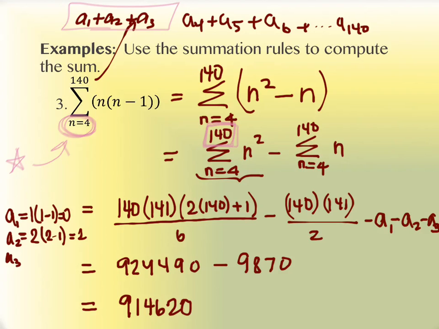And A3 would be 3 times 3 minus 1, which would be 6. So the numbers over here that I'm supposed to be taking off are actually 0, 2, and 6. And I'm writing the 0 there just to remind you. It doesn't affect it, but it is one of my values. So I should be taking off 8 from the sum that I just had.